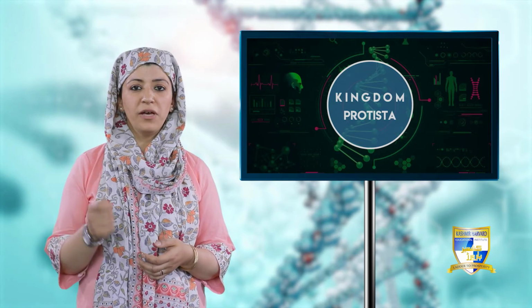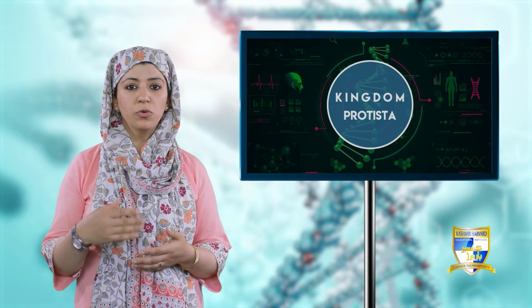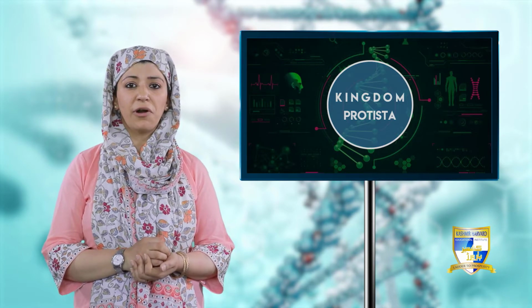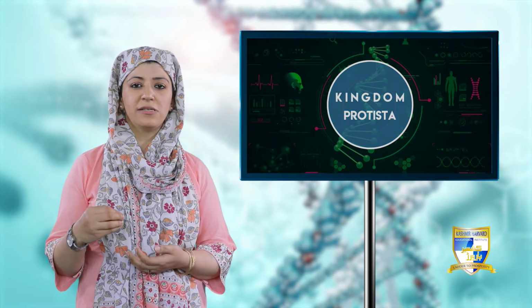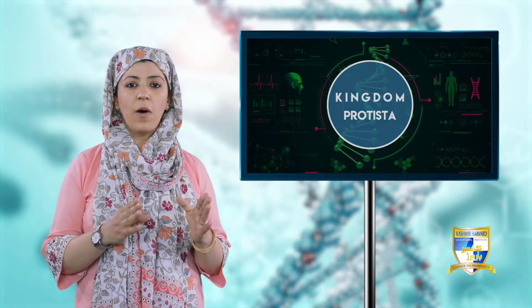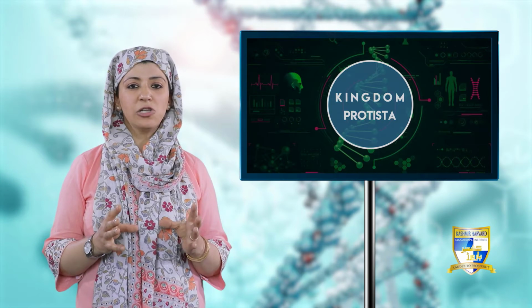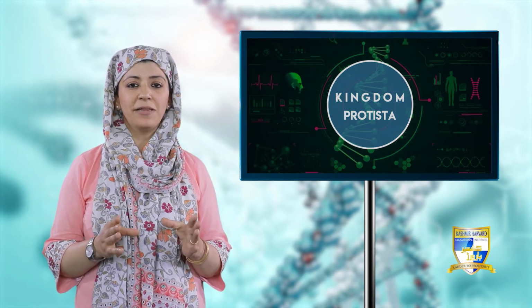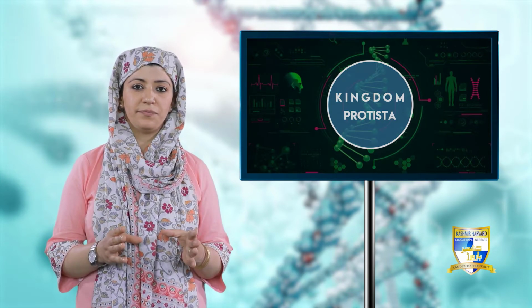So they use these whip-like movements in order to move. Flagella are long, thread-like structures, but their number is less in a cell, 1 to 4. These long thread-like structures help in the locomotion of these protists.